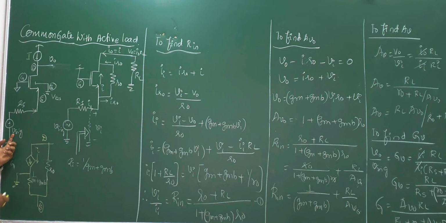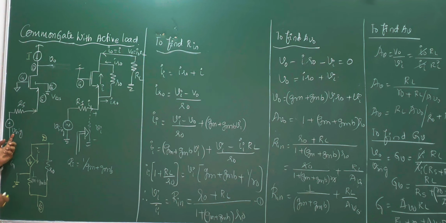When the value of R0 is not significant when you compare with RL, I can write Rn is equal to 1 by (Gm plus Gmb). So this is another terminology, three different conditions.